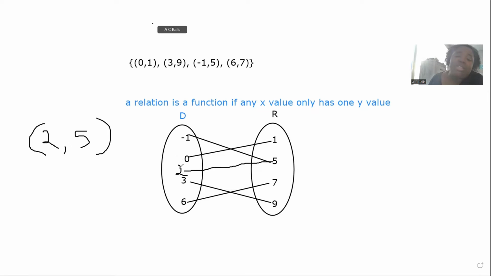Although this 5 has 2 x values, the fact is that each domain only has one y value. So because there are no repeated x's, then you can safely say that your relation is a function. Hope that makes sense.